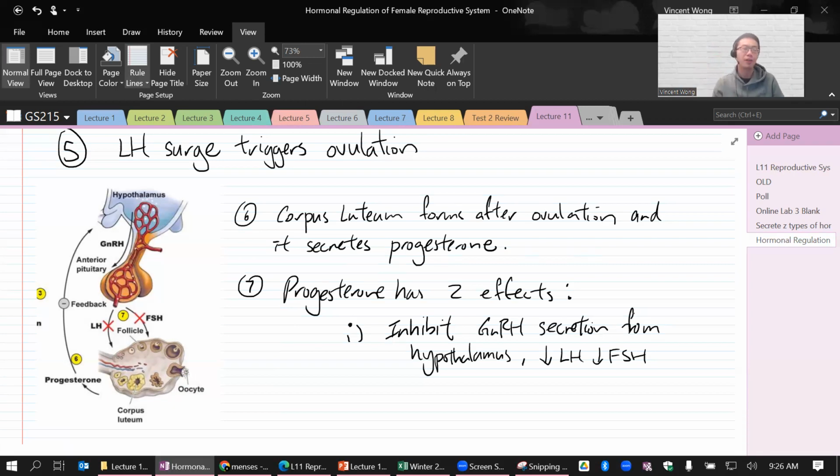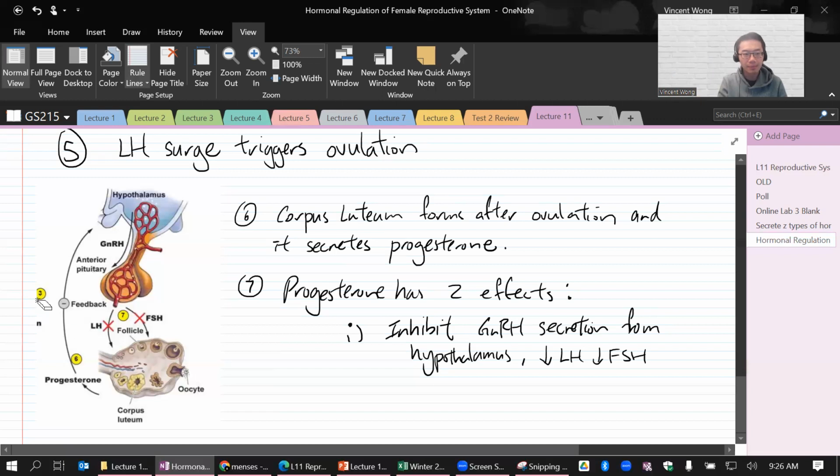We already have the egg in the fallopian tube. We don't need another follicle developing. There's no need for more LH. Ovulation already occurred. I don't need another surge. So this is negative feedback. You're shutting it down rather than encouraging more.